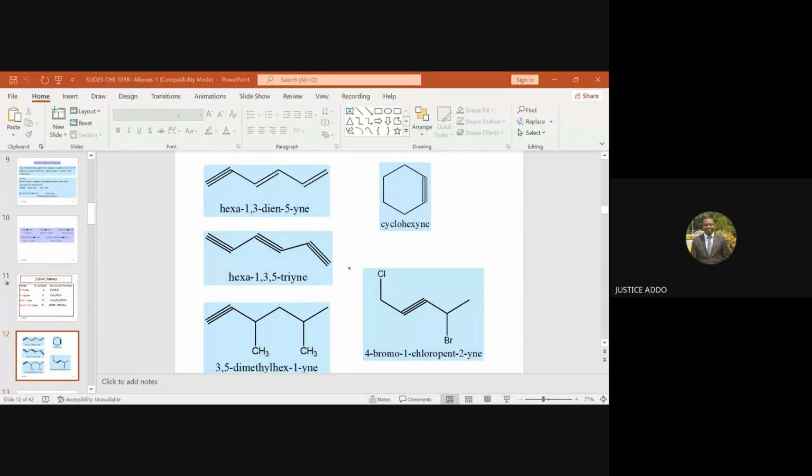It is only when both sides of the numbering give you the same numbers that IUPAC says, in that situation, give the least number to the double bond, but still name the compound as an alkyne. I don't know whether this makes it clear. Yeah, very clear. Good. So this is just a special case.